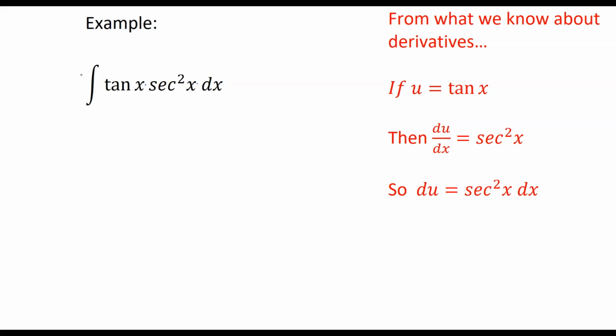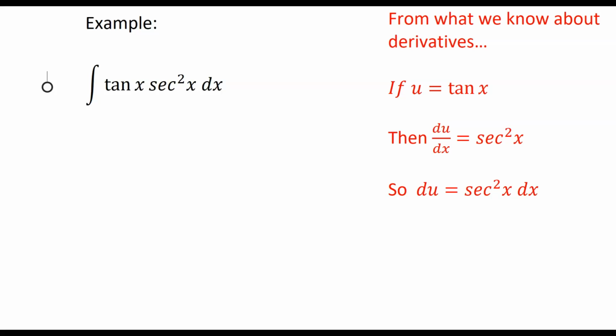So we want to think back to our derivatives. And this is going to be very helpful when we are trying to decide which method to use for integration. This one will work if we have a function in here multiplied by its differential, or some multiple of that.